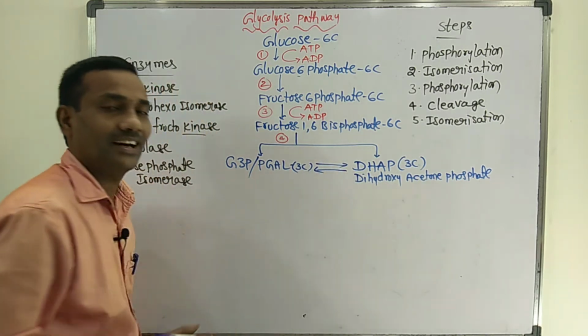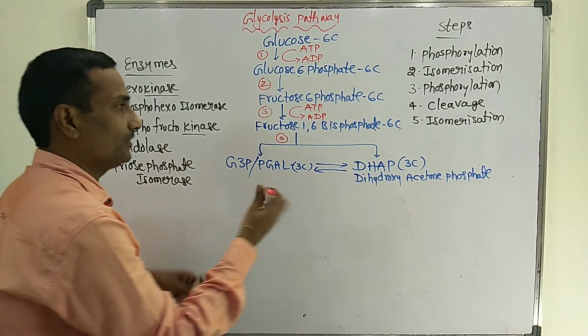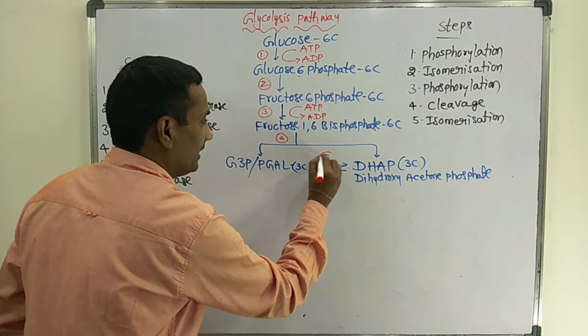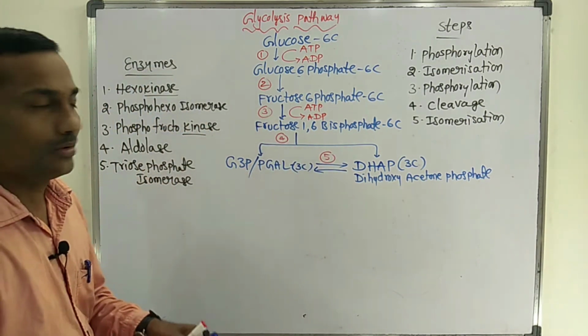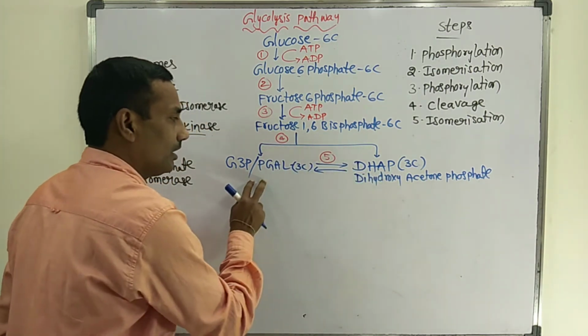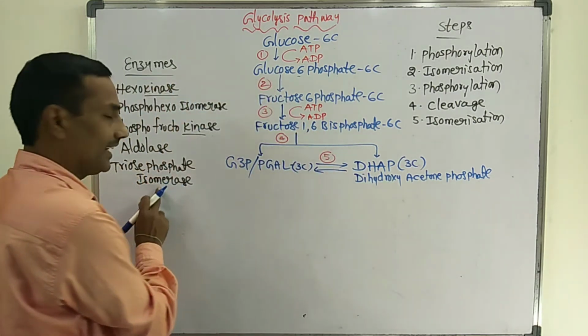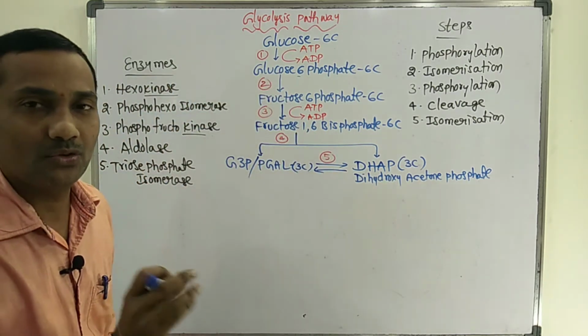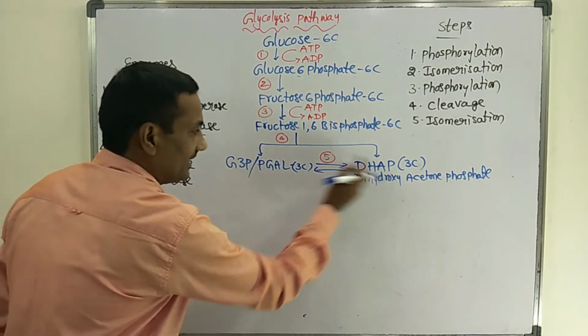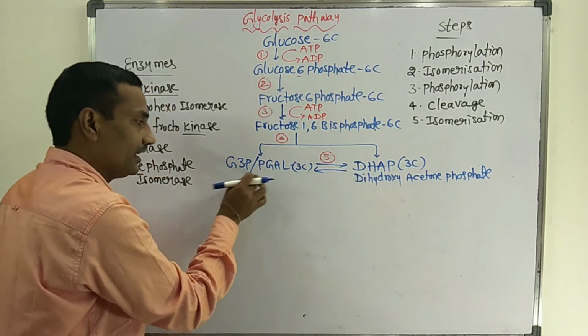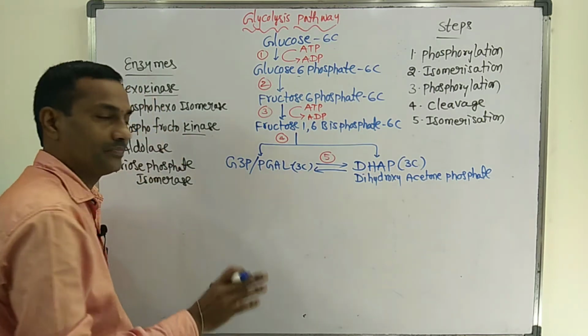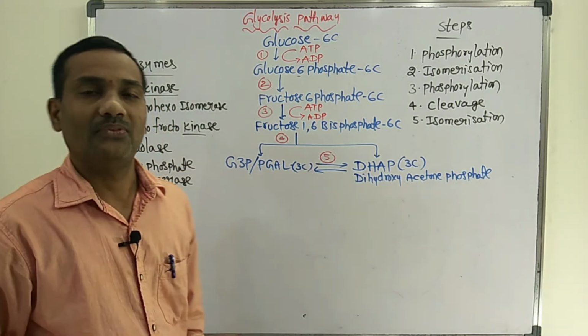Both are interconvertible compounds, so that's why it is isomerization. That is the fifth step. Both are 3 carbon, interconvertible compounds. In the presence of triose phosphate isomerase, this DHAP converts into G3P. Then the pathway will continue. Till now we have discussed 5 steps.